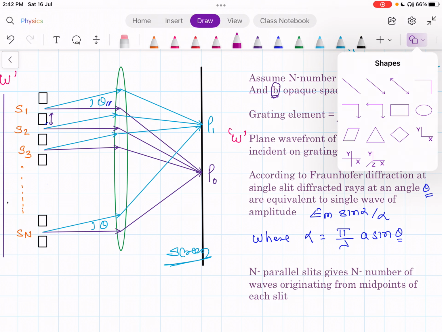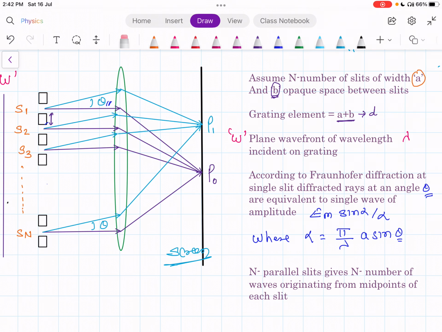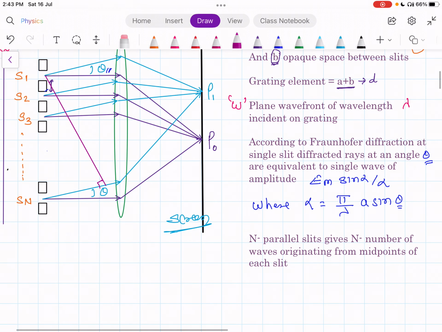To find the path difference between these n waves, we have to draw a normal. So this one is the normal. And for convenience, let us consider only slit S1 and S2.